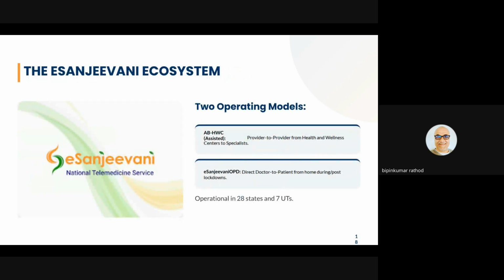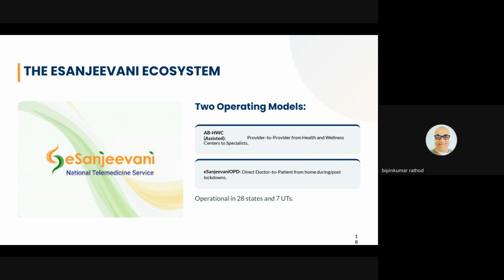Okay, so now let's go. The e-Sanjeevani we already covered in our last lecture yesterday. But the important thing you need to understand is that e-Sanjeevani is available for the public and private sector too.